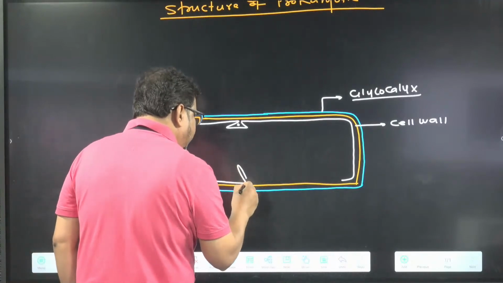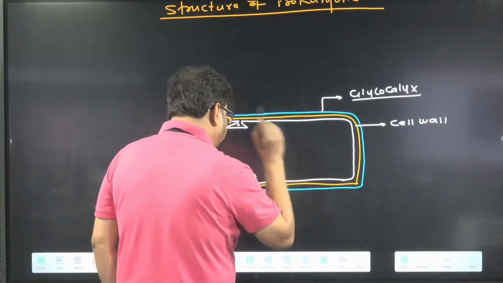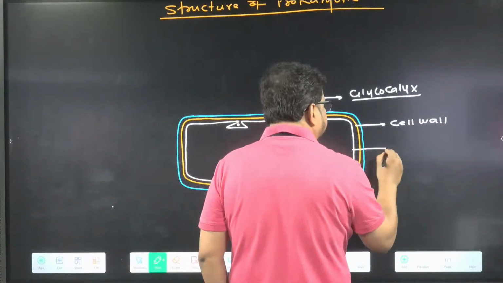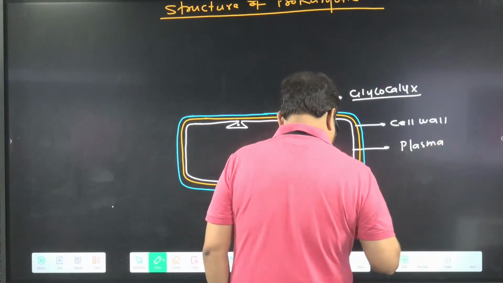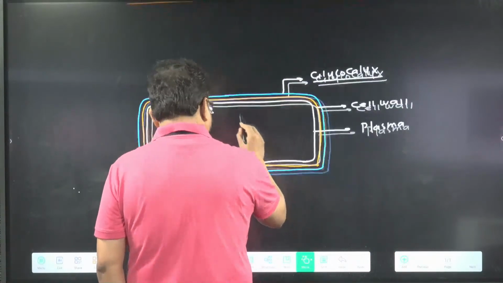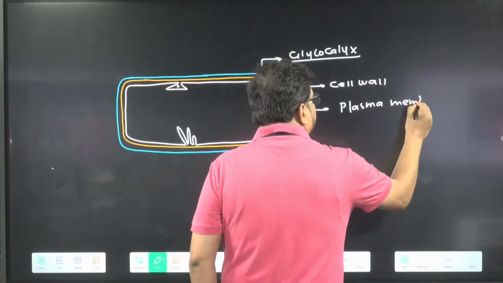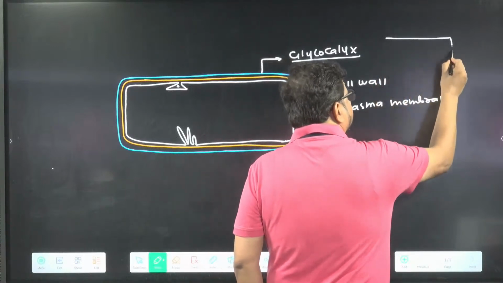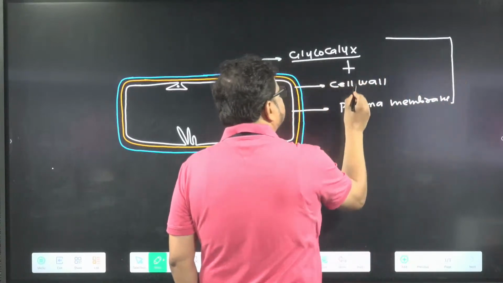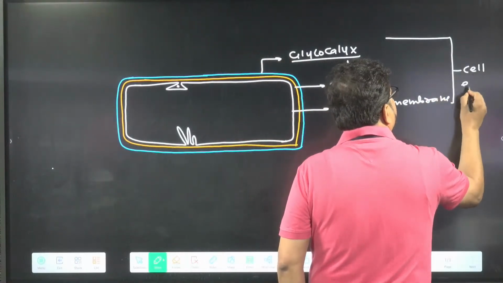Sorry, I said mesosome, it is plasma membrane. All 3 together, this plus this plus this is called what? Cell envelope.